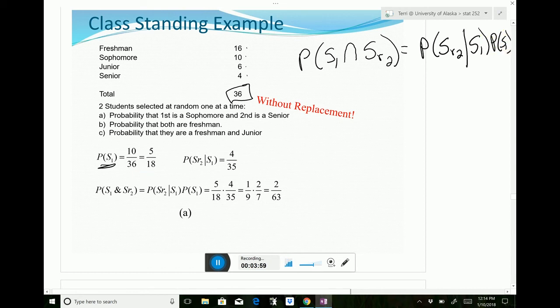Because think about it, every single time we take one, it changes the probability because we're sampling without replacement. So as soon as I take this sophomore out, that changes the probability. Because the probability of taking a senior the first time is 4 out of 36. But if I've already taken one of these sophomores out, it's 4 out of 35.